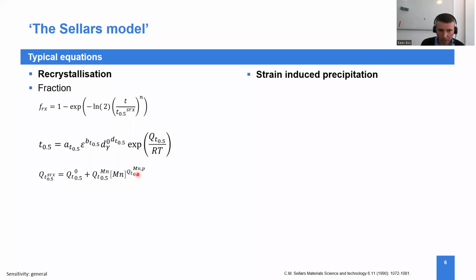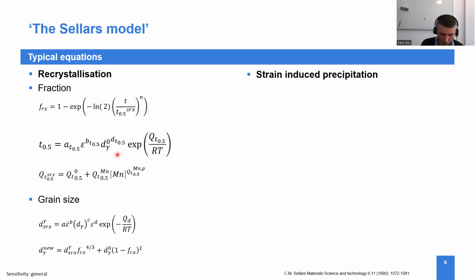Then, of course, this is only part of the story, because you would also need to be able to describe the grain size, because you have a repetition of multiple rolling steps. And so you need to be able to calculate this initial grain size here from step to step. And again, we see a very similar expression.